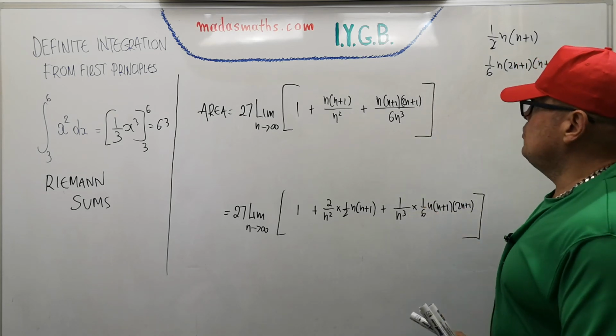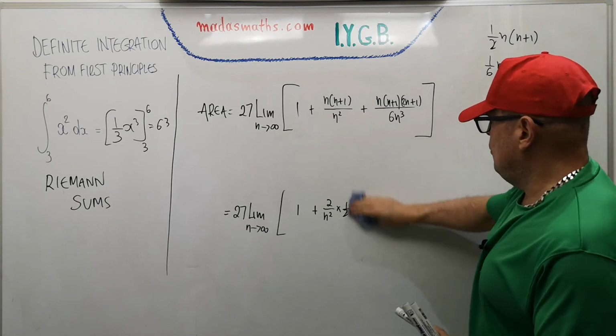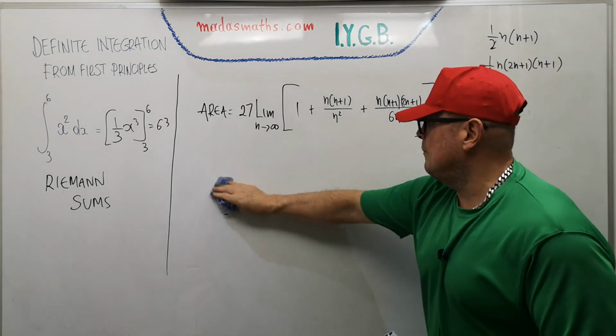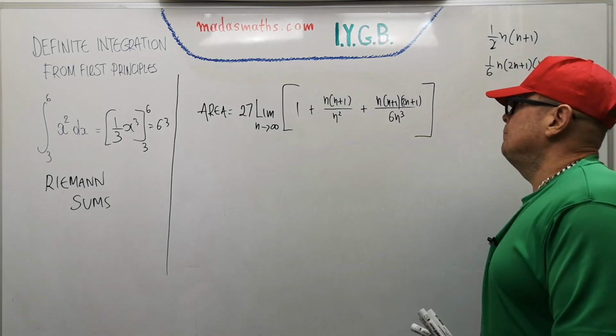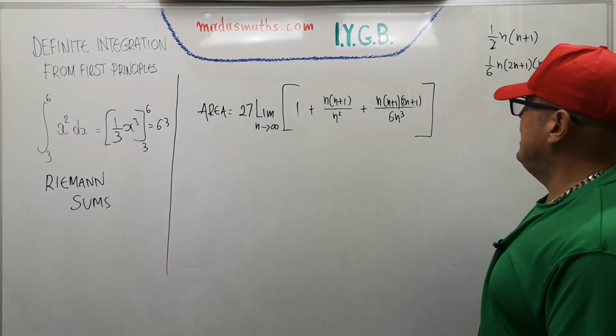And those who are very good with limits can actually see very, very quickly what this will produce. I'm going to show you a few more steps perhaps, not necessarily by writing loads of lines here.